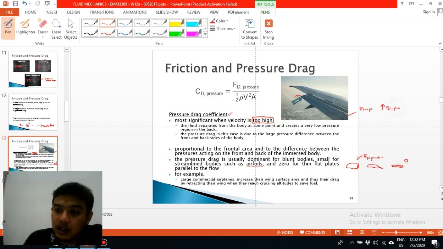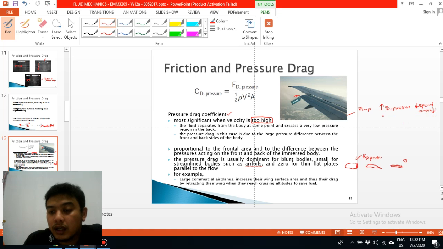When we increase the pressure drag, automatically we reduce the speed of the aircraft. Then we can easily land due to this pressure drag effect.